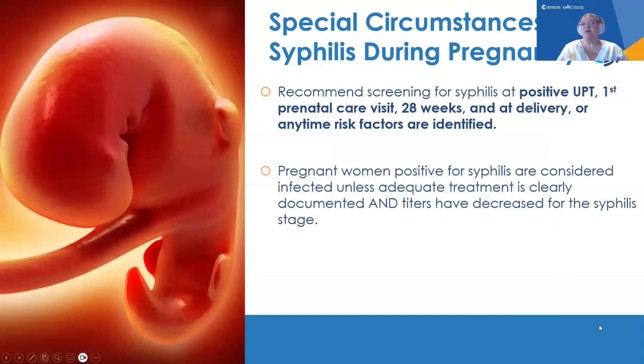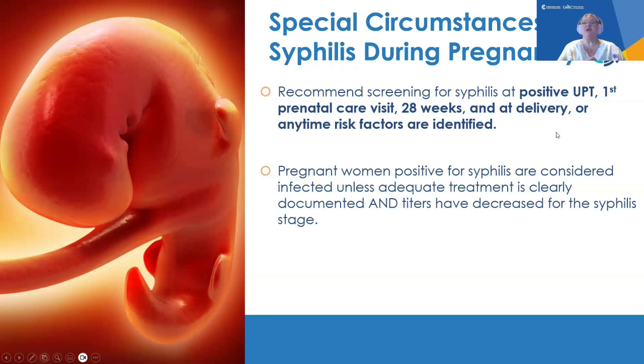Let's talk a little bit about pregnancy. Many states have laws now that state that if you care for a person who is pregnant, they need syphilis screening at the first prenatal visit, around the beginning of the third trimester, and at delivery, or any other time risk factors are identified.